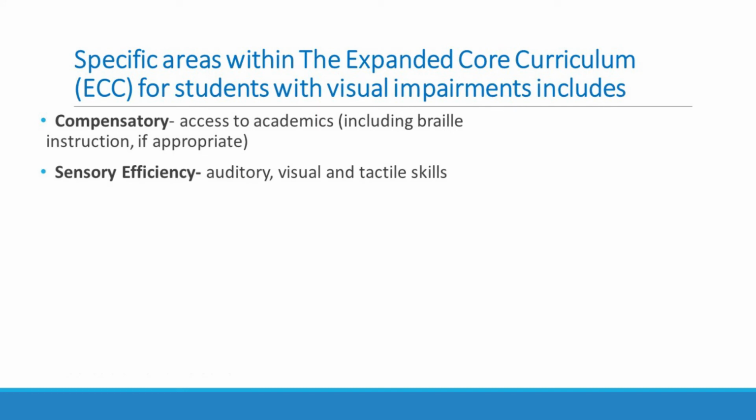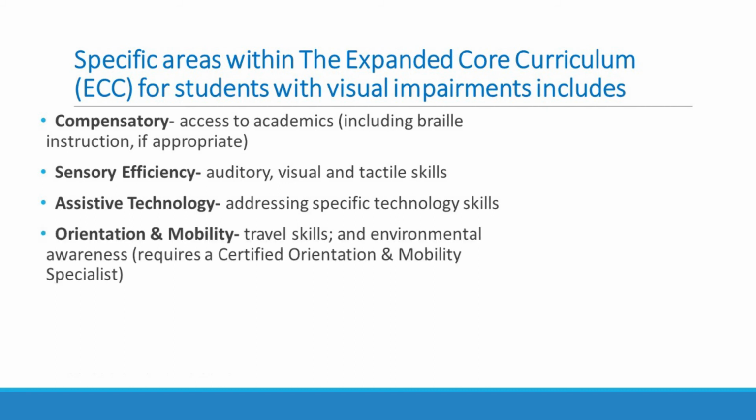Sensory efficiency teaches students to use auditory, visual, and tactile skills to interact with their environment. Assistive technology addresses specific technology skills needed for one with a visual impairment. Orientation and mobility addresses travel skills and is specially designed instruction provided by the Certified Orientation and Mobility Specialist.